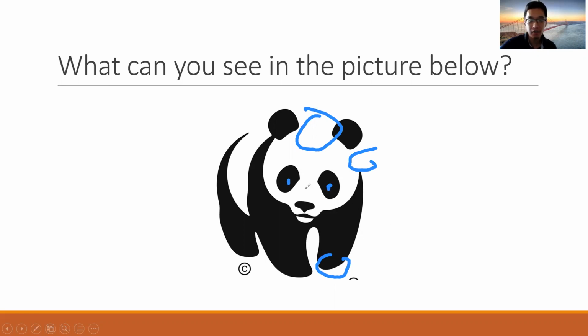We can think, oh, here are 2 eyes, here's a mouth, here are 4 feet. Actually, there are only 3 feet in the picture, but we know that there's another foot behind it. We can tell, oh, here's a head. How do we tell? Because the whole is much more than just the sum of the different parts that we see.